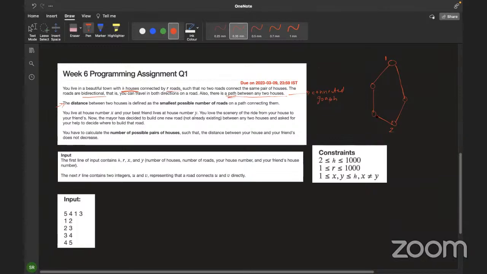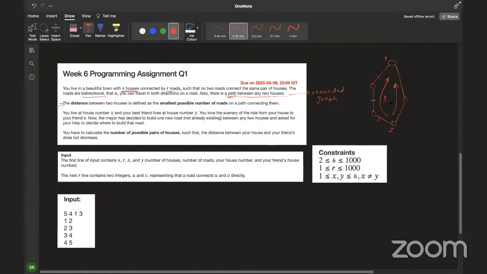So if you see, there are two paths possible. One is from here, and one from here, right? There are two paths possible. In this path, the distance between 1 and 2 would be, there are 3 roads, 1, 2, 3.